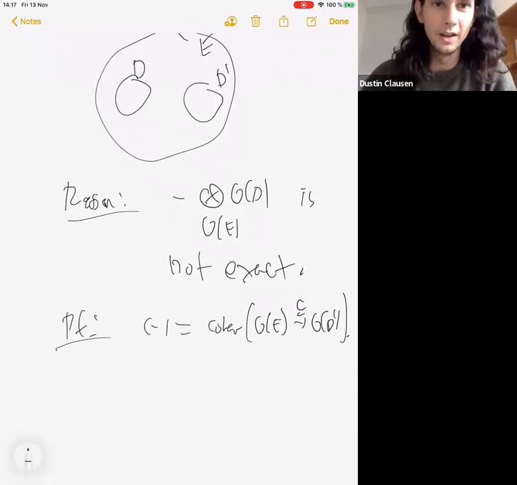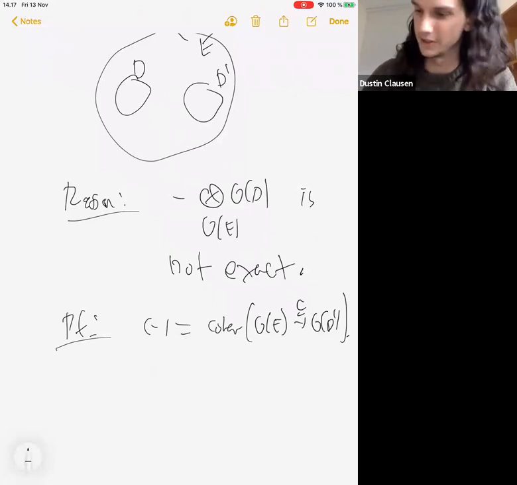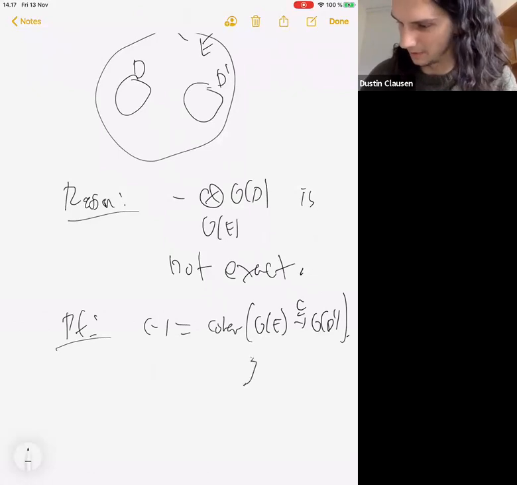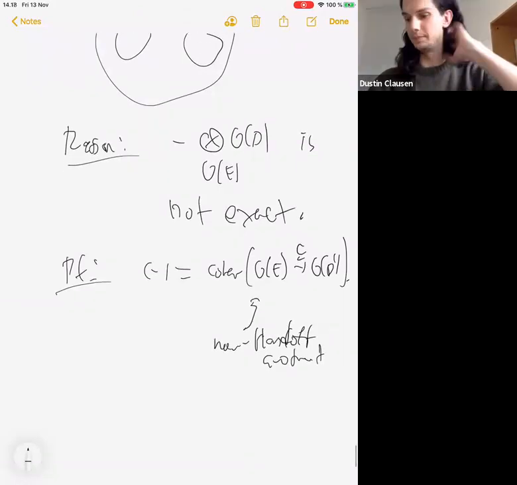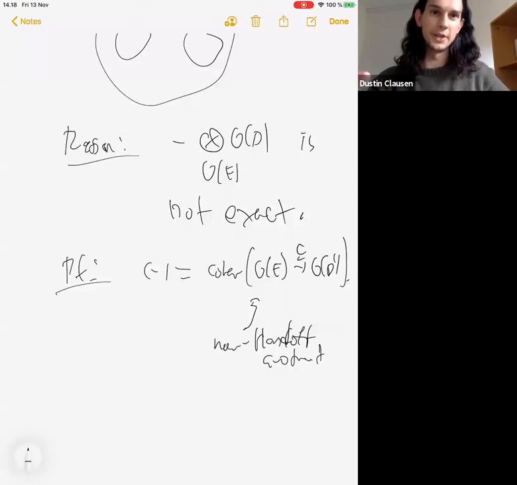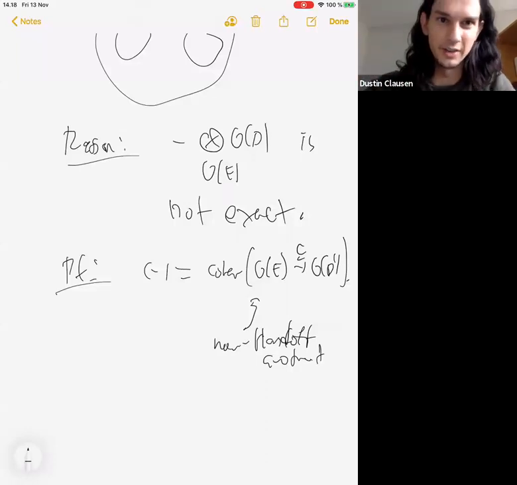A holomorphic function on E is determined by its restriction to D prime by the identity principle for holomorphic functions. So this is an example of one of these non-Hausdorff quotients. It's a weird object, but those kinds of things have to be there if you're going to have an abelian category. So that also has to be there.